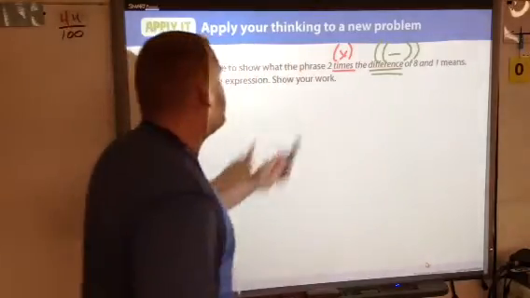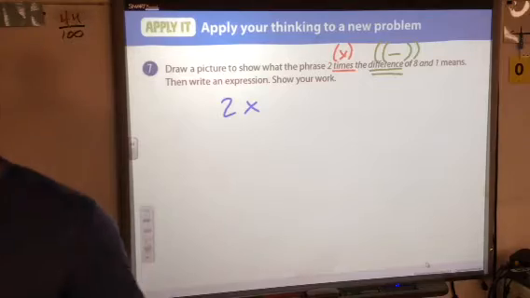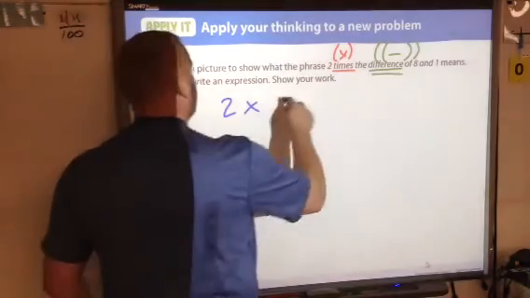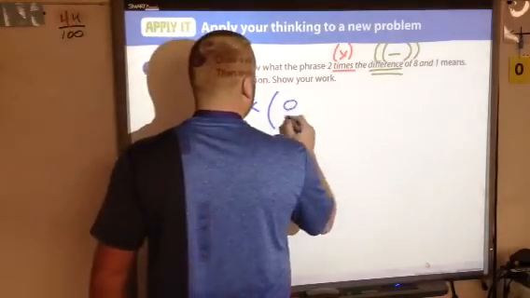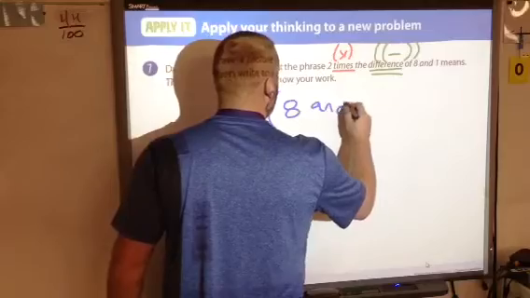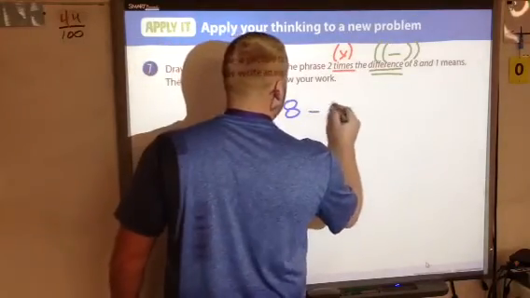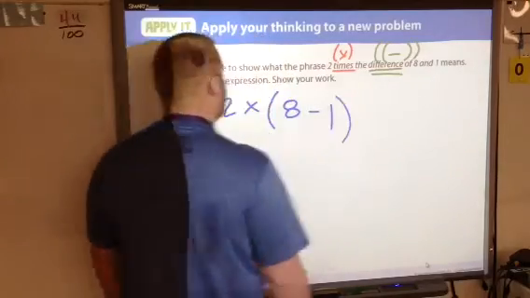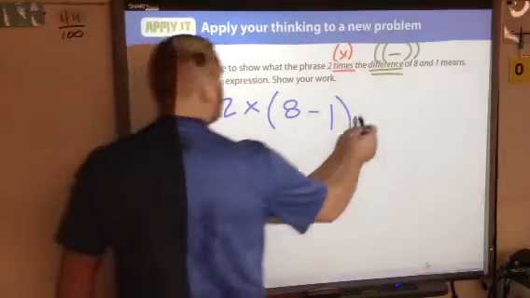I see 2 times, and when I see the difference, that indicates I need parentheses of 8 minus 1. Very good. And there is our equation for our word phrase.